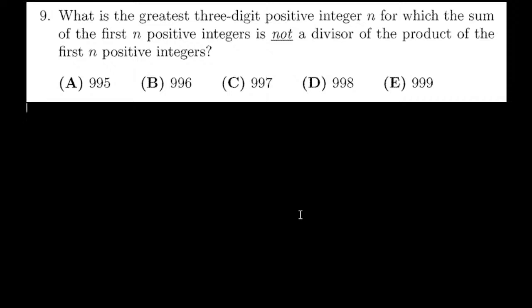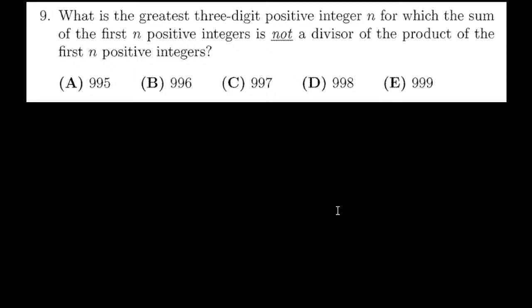I have to find the greatest 3-digit positive integer n for which the sum of the first n positive integers is not a divisor of the product of the first n positive integers.